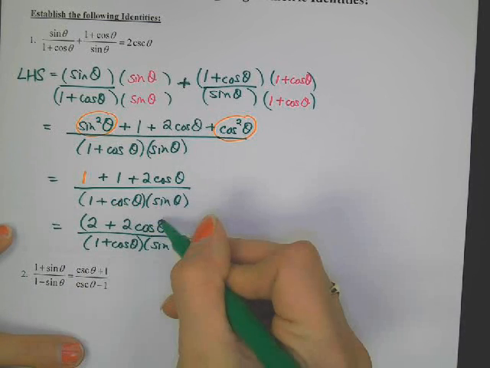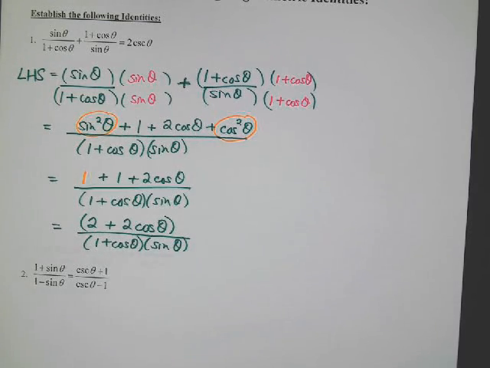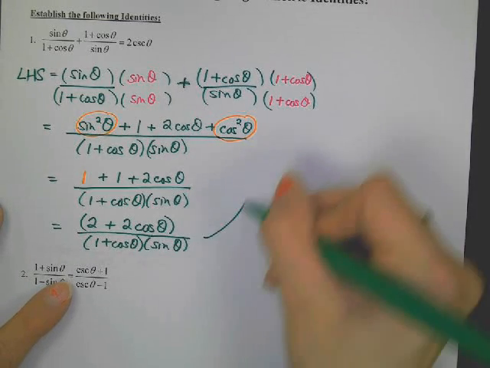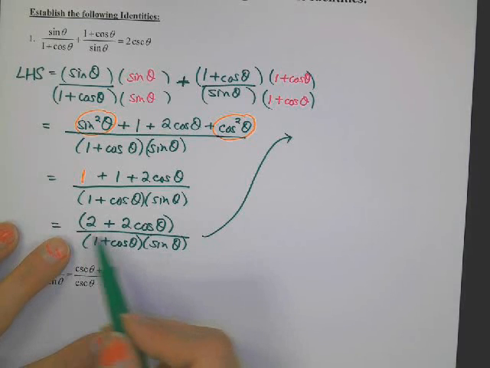I'm going to put parentheses around this numerator just in case there was anyone thinking they're going to slice something off of that. Any ideas? Maybe we can do some factoring in the numerator. The only thing I see that they both have is a 2.